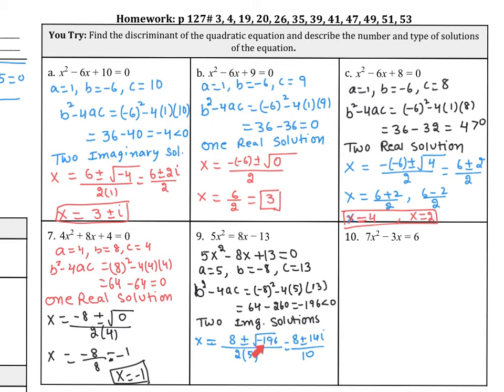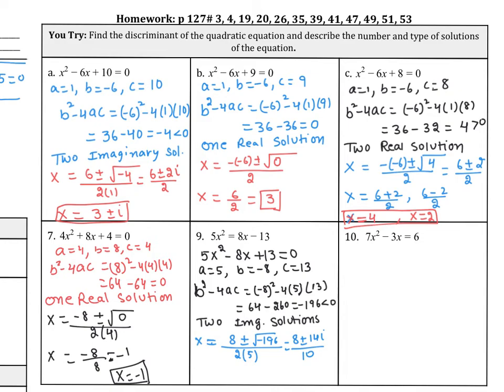So b squared minus 4ac is going to be negative 196 over 2 times 5, or 2 times a. You get 8 plus or minus the square root of 196, which is 14, and the square root of a negative means i outside, divided by 10.